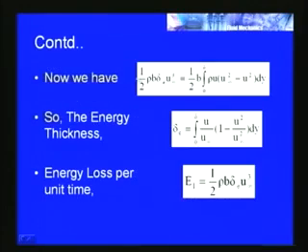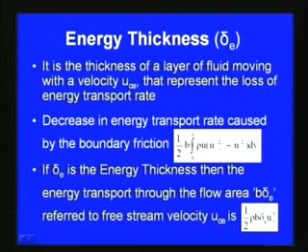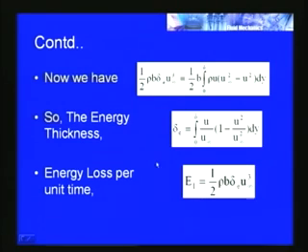Now we can equate this to the earlier expression. So we can write half rho b delta E u infinity cube is equal to half b integral 0 to delta rho u infinity square minus u square dy.